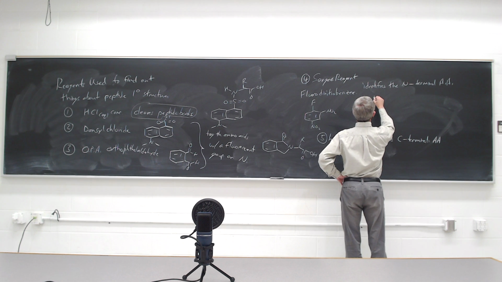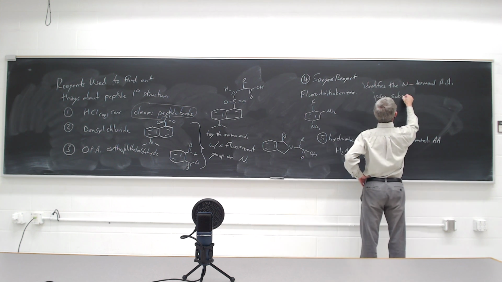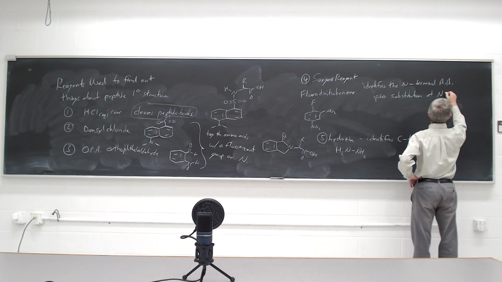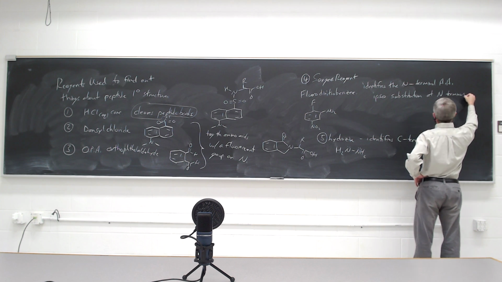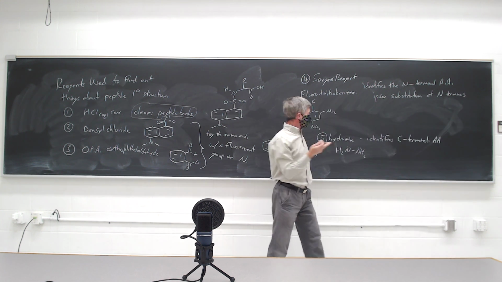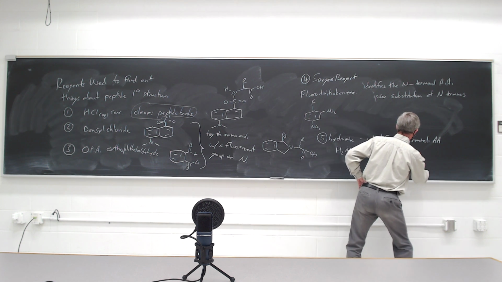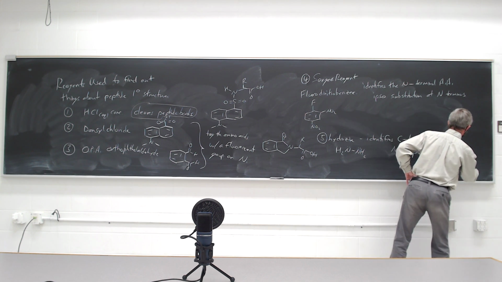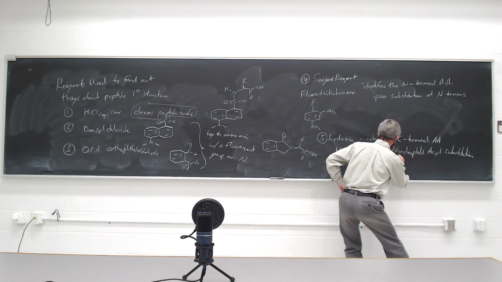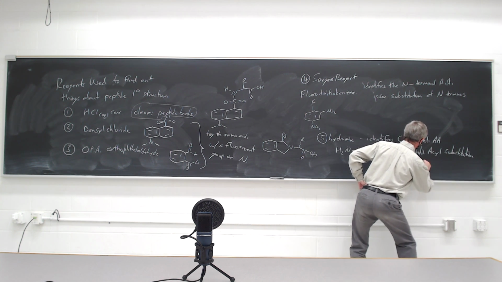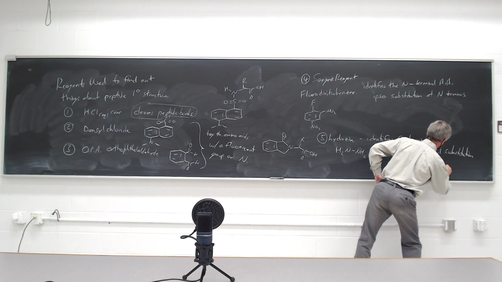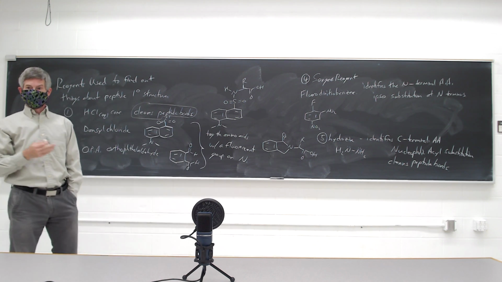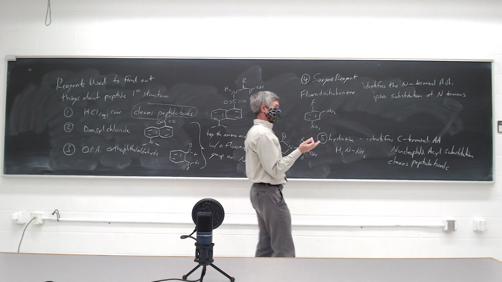This one is an ipso substitution at the N-terminus. And this one is nucleophilic acyl substitution to cleave all the peptide bonds. But importantly, when you do that nucleophilic acyl substitution to cleave the peptide bonds, you don't get out the free amino acid.